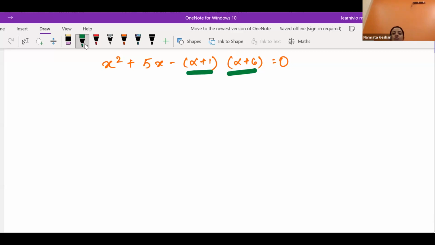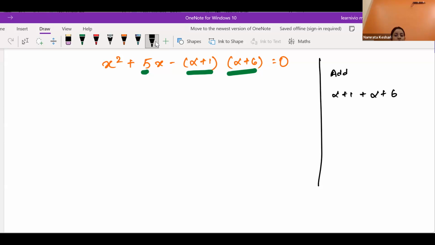When you will see carefully, these are the two factors which are given, alpha plus 1 and alpha plus 6. Think about it. We can add these 2, or maybe we can subtract these 2 to create the middle term. Let's check with addition and subtraction one by one. At first we'll be checking with adding these 2, alpha plus 1 and alpha plus 6. Will it create the middle term, that is 5?